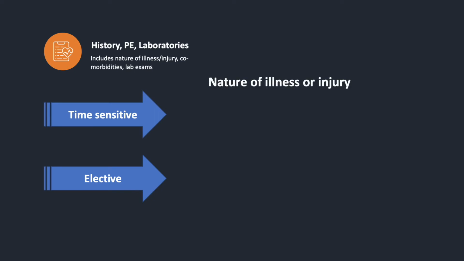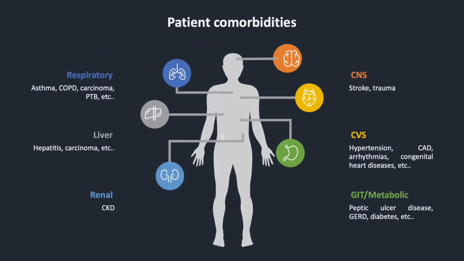For time-sensitive and elective surgeries, basically we look at the nature of illness or injury. So for example, an acute appendicitis, we look at the patient's overall status, hydration, hemodynamic stability, and all that. And we go through the past medical history and look for the presence or absence of comorbidities. So my suggestion for you guys is to go by organ system.